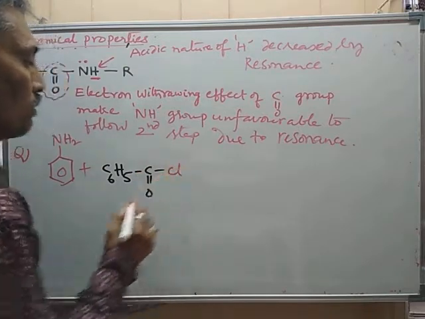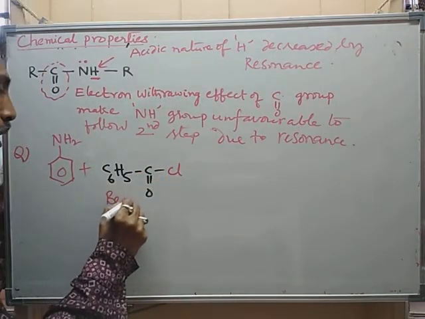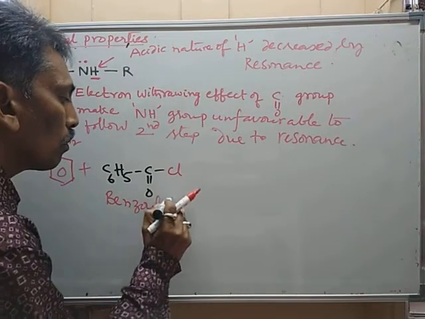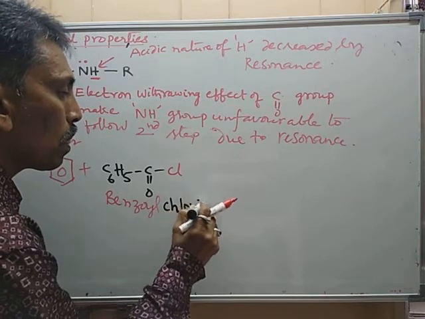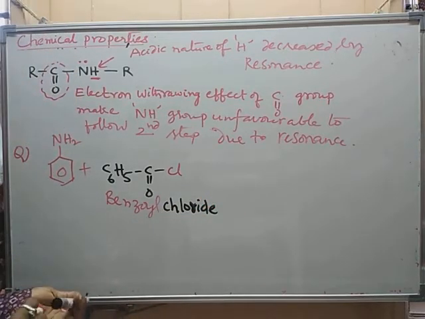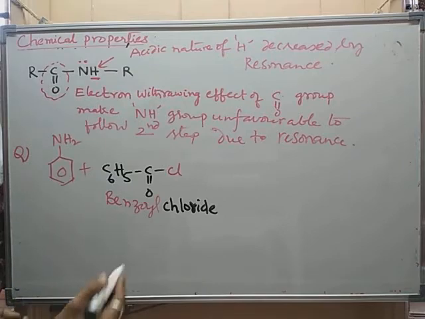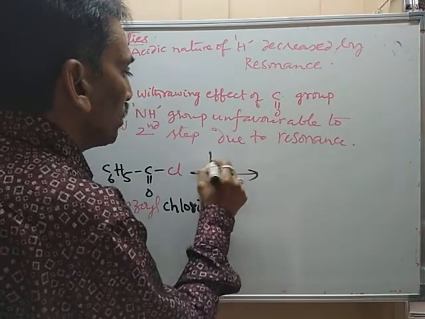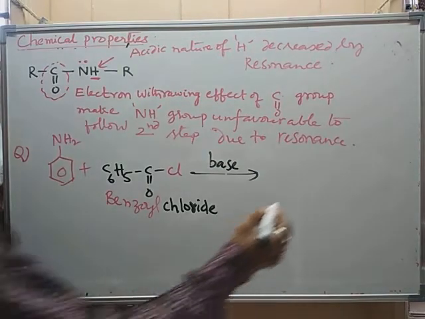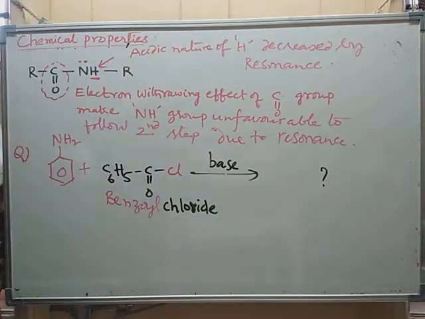What is its name? That is benzoyl chloride. Benzoyl, Cl is chloride. Benzoyl chloride, in the presence of a base. What is the base? Previously we discussed pyridine. Then what is the product? Answer.